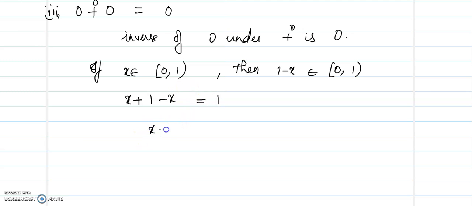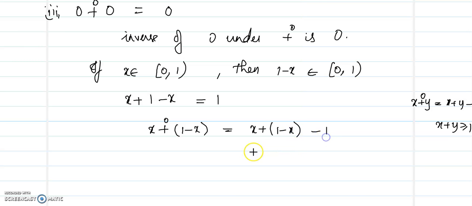So x sum modulo 1 minus x: since x plus y is greater than or equal to 1, the value will be x plus y minus 1, which is x plus 1 minus x minus 1, so the value will be 0.